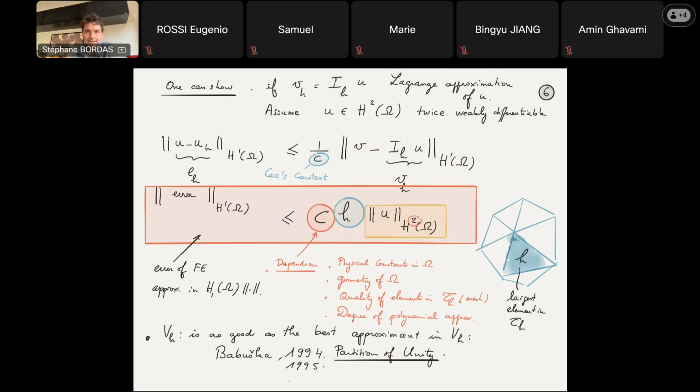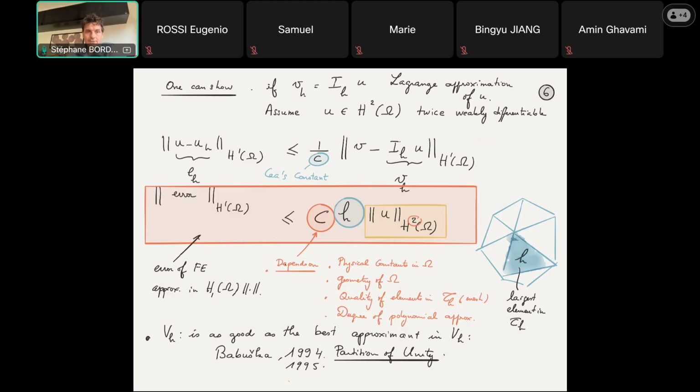So the exact solution will be called U at the top. And what we're trying to do is see how well we can approximate U using a finite element approximation of U. And the finite element approximation we call UH, U sub H.